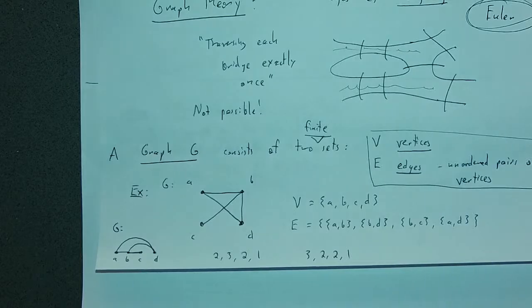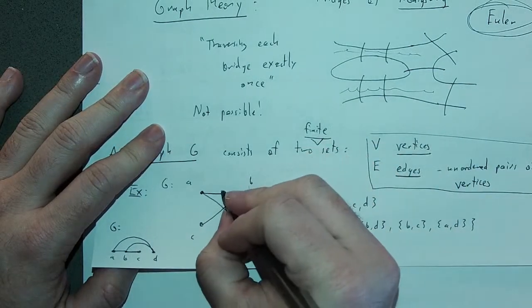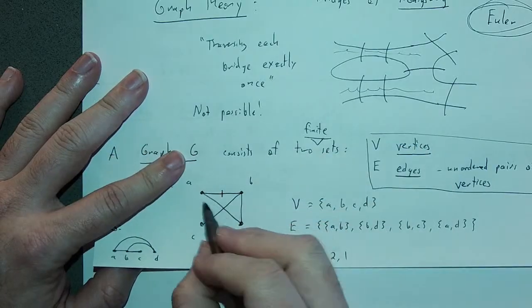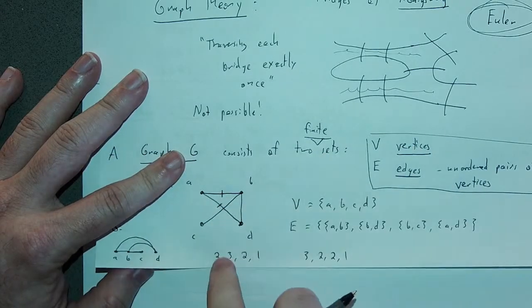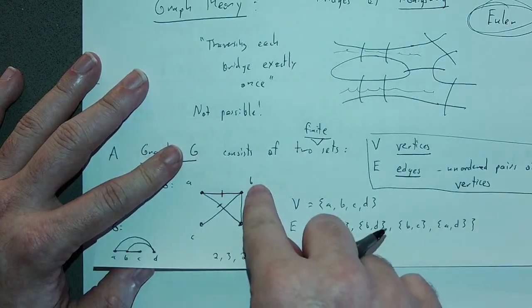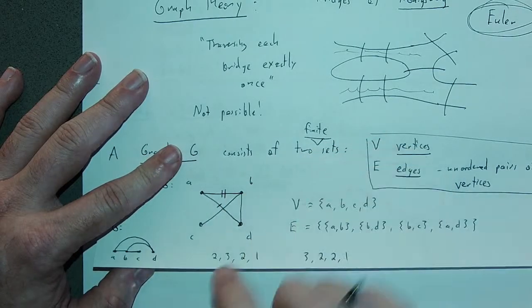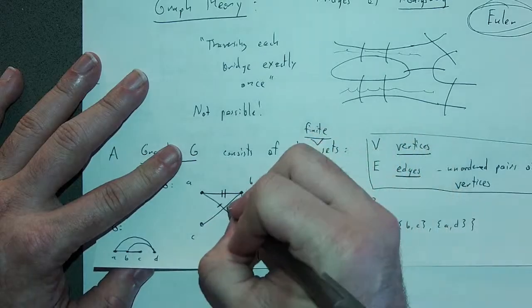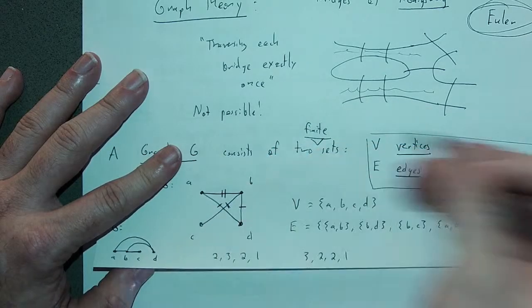So I counted this top edge once when I counted for A, and then I counted this edge from A to D once, again counting the 2 from A. At B, I have now counted the top edge again. I've counted this BC edge once, and I've counted this BD edge once.